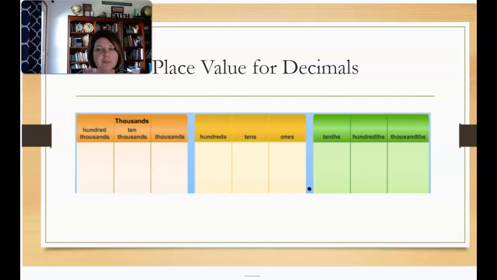So when learning place value for decimals, it's important to note that where you see your decimal here comes right between the ones and the tenths place. If you notice, I'm not saying tens place or hundreds or thousands.